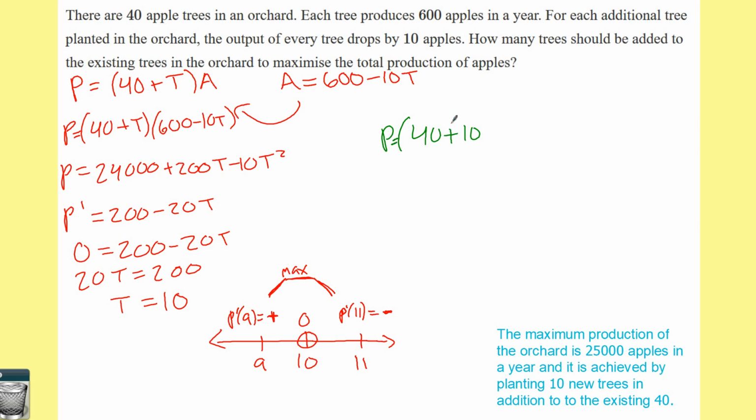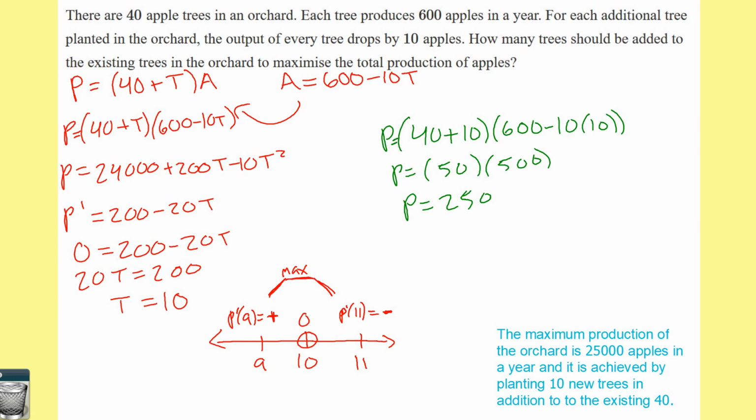Why do I keep forgetting that equal sign? 40 plus 10 times 600 minus 10 times 10. So production should be 50 times 500. So the production of apples should be 25,000 apples.